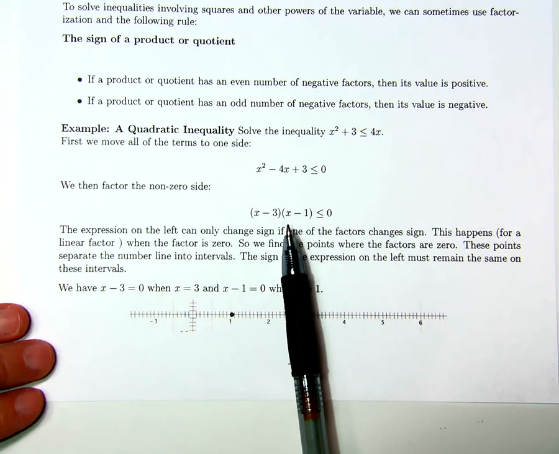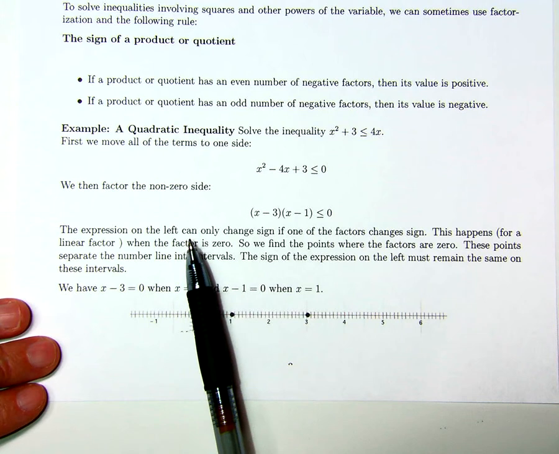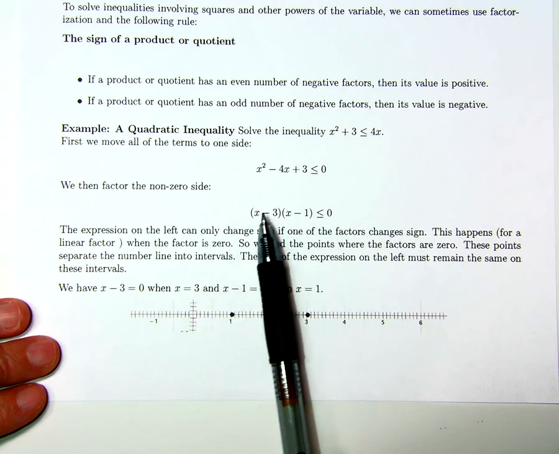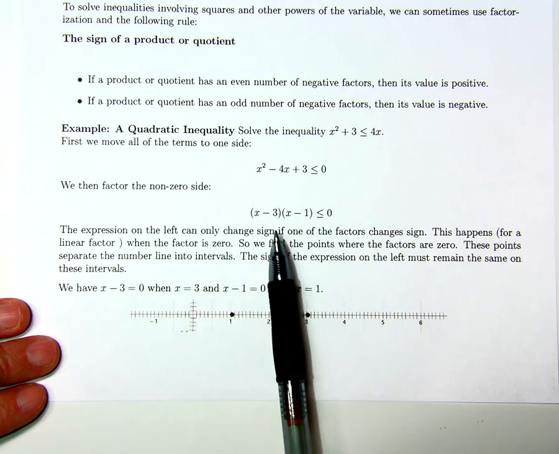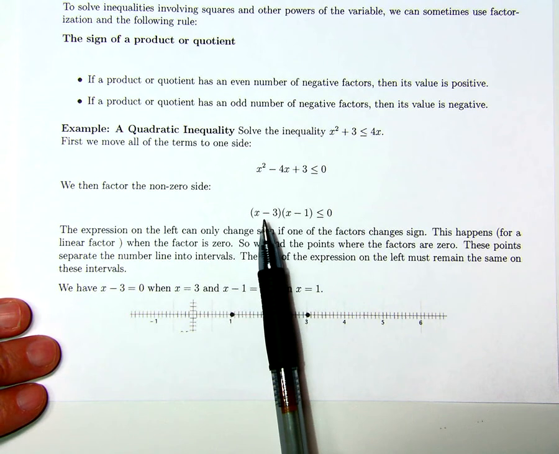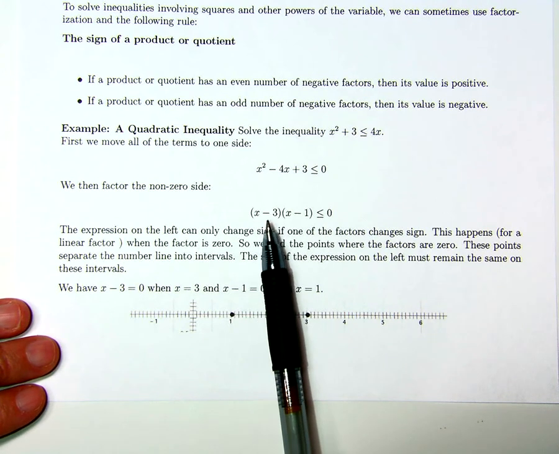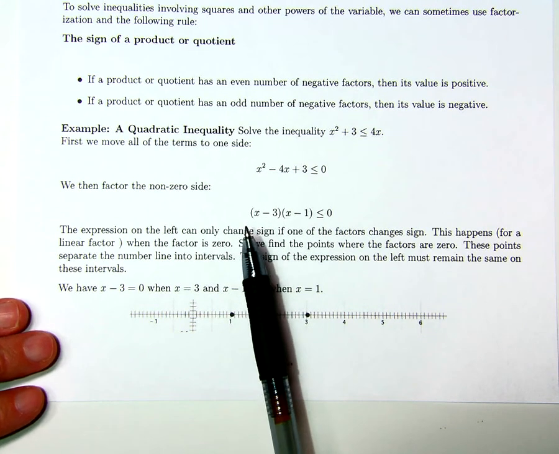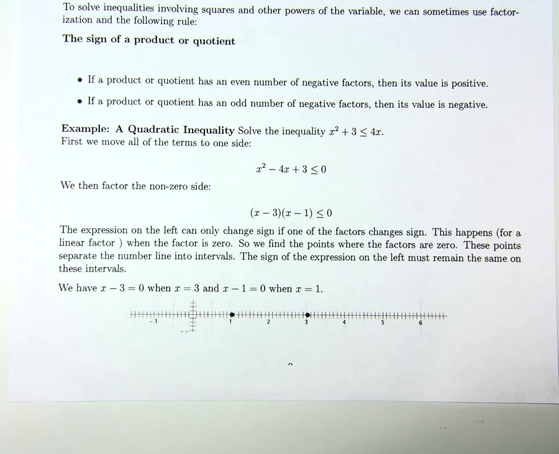And now, if we think about it, these factors can only change sign when they're equal to 0. So x minus 3, if I take the graph of y equals x minus 3, it switches from positive to negative where it cuts the x-axis, so exactly where x minus 3 equals 0.